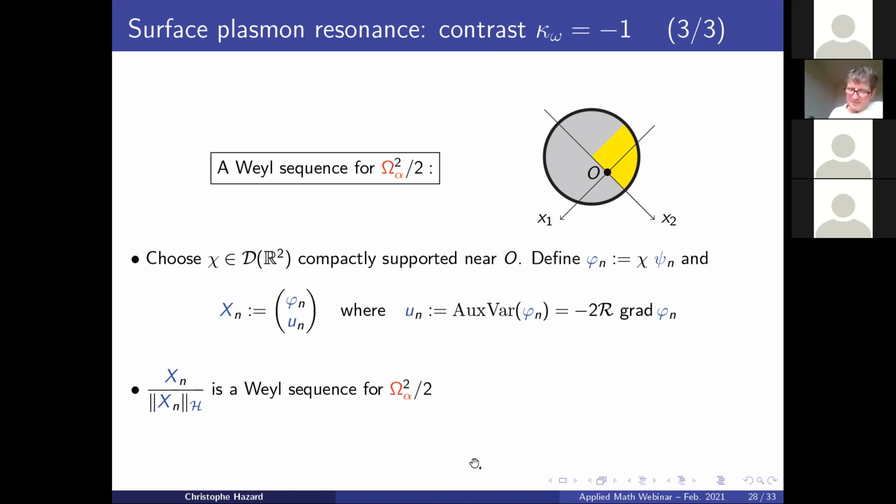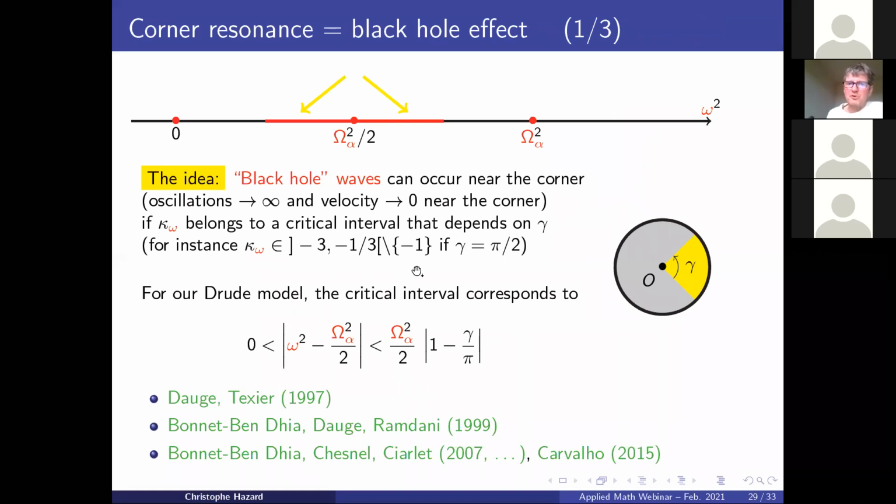Okay, so that's it for the contrast -1. And what about the corner resonances? So what about these two intervals which are located on both sides here? The idea here is the fact that we can have black hole waves. And what are these black hole waves?